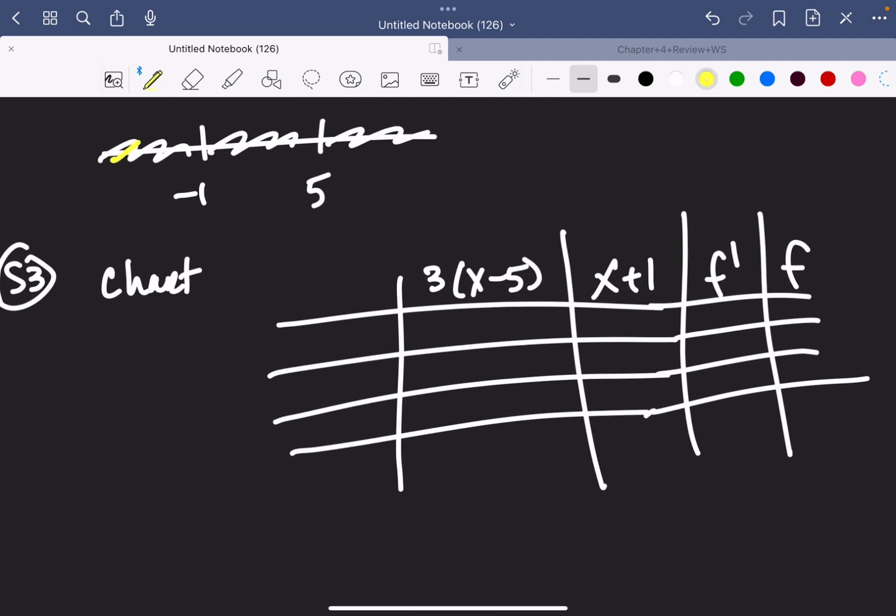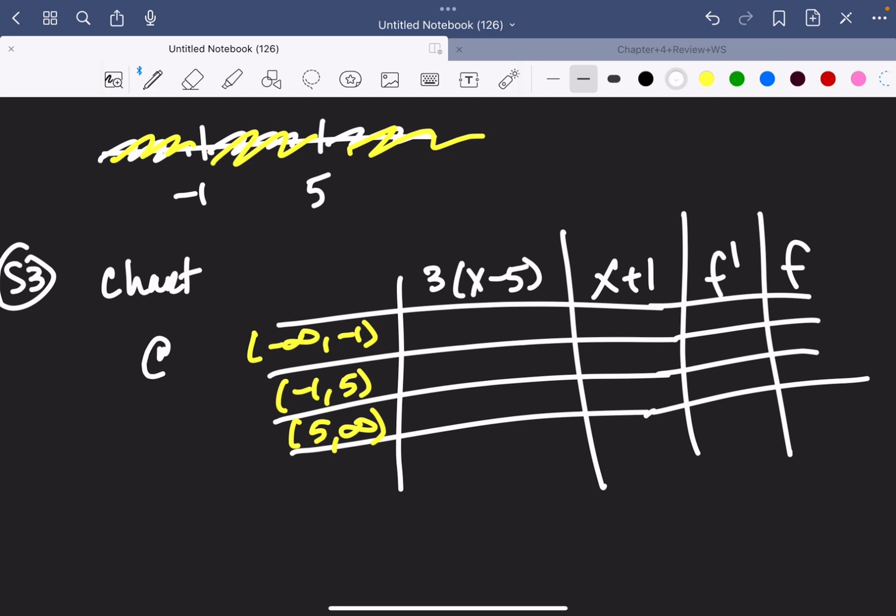Our intervals, if we read them from the chart, are negative infinity to negative 1, negative 1 to 5, and then 5 to infinity. So then we test a point inside each interval. So for example, at x equals negative 2, it should be clear that we get a negative here, we get a negative here. So negative times negative, our derivative is positive, which means f is increasing on that interval.